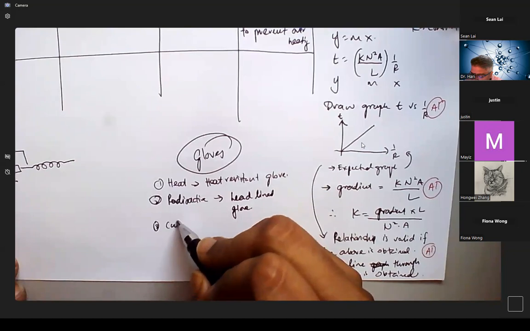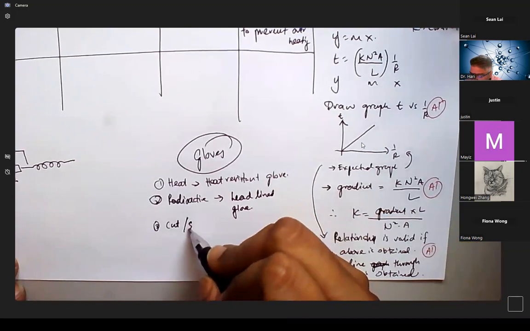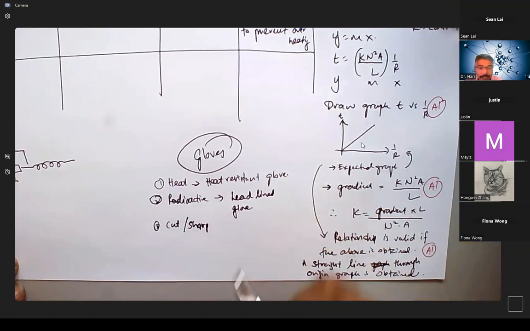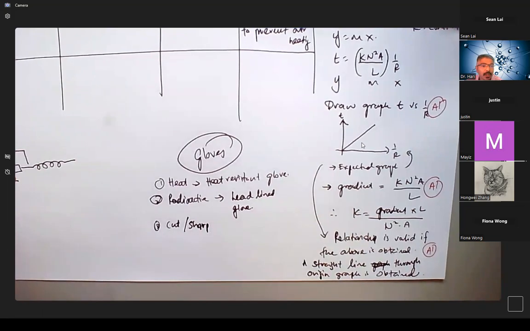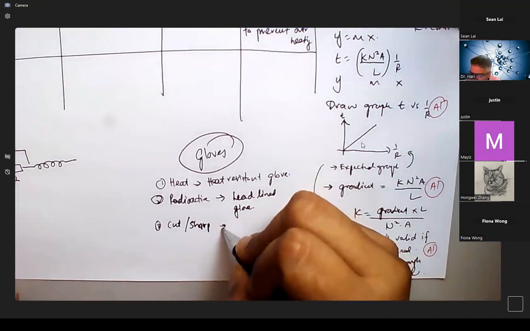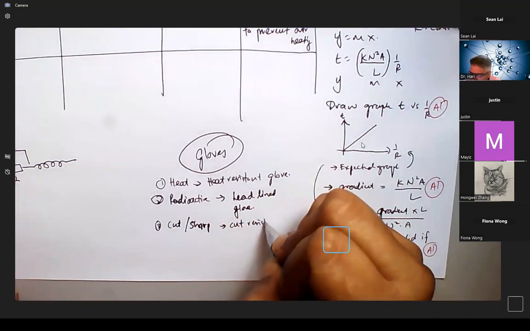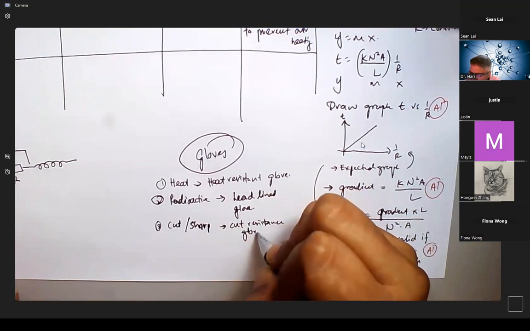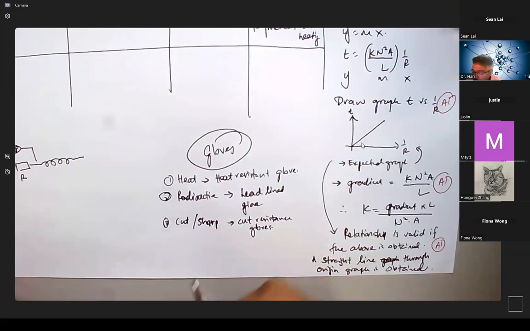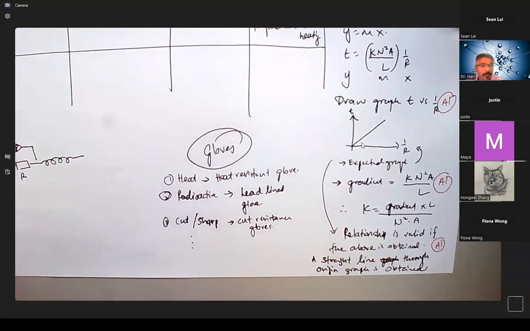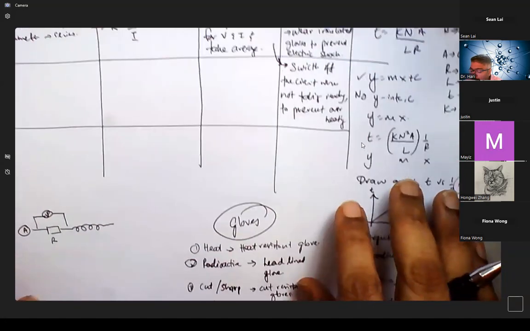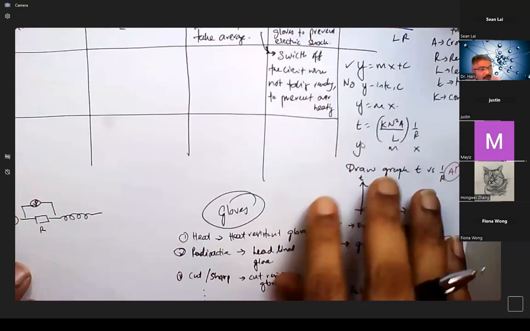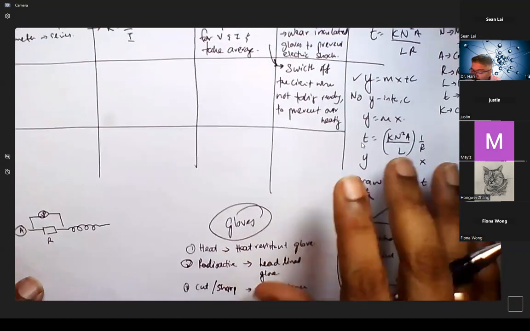If it's to prevent cuts from sharp objects, there are some experiments where you are dealing with glass sheet or metal sheet, or sharp-edged wire, you may want to put on cut resistance gloves. And a few other types of gloves you may come across, you can suggest. So these are types of gloves. Make sure you are a bit more specific.